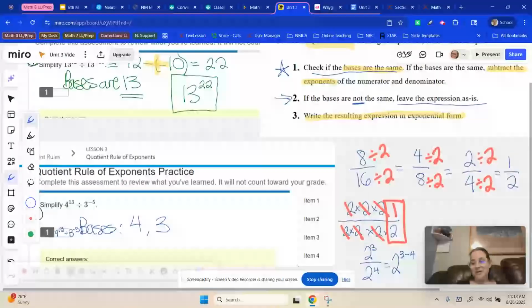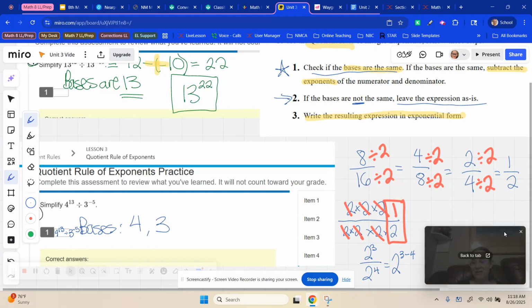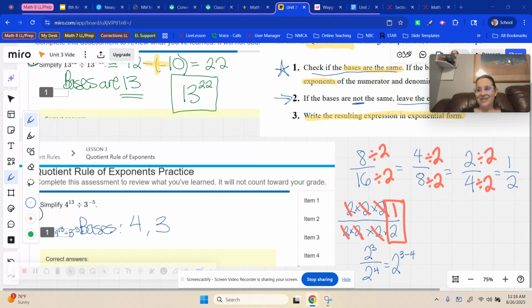Okay, that's 2 to the negative first power. And that's something we're going to learn. And it's going to equal 1/2. 2 to the negative first power is 1 over 2 to the first power, or 1/2, which is what we got up here and over here. Okay, so 3 different ways to skin this same cat.